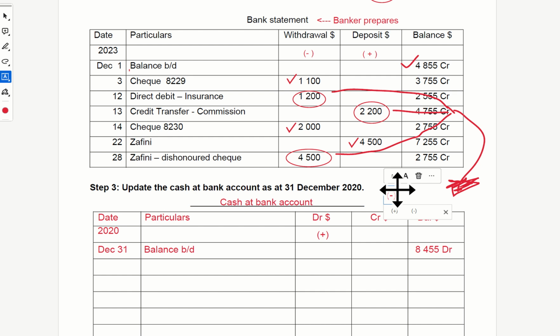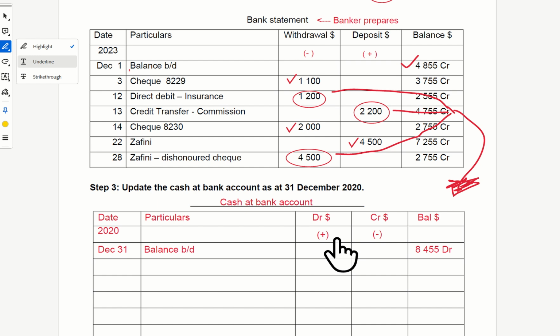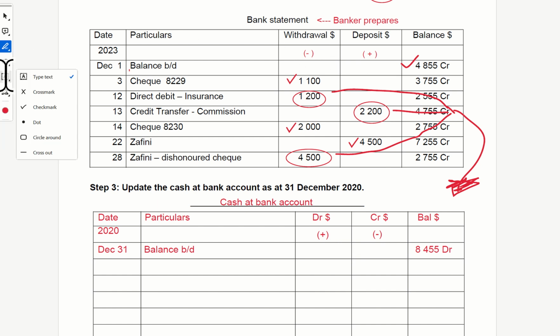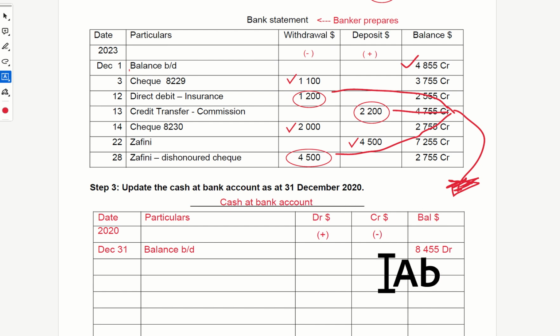I just want to remind myself about this. A withdrawal is taking out, right? So cash at bank must be credited, or minus 1,002.